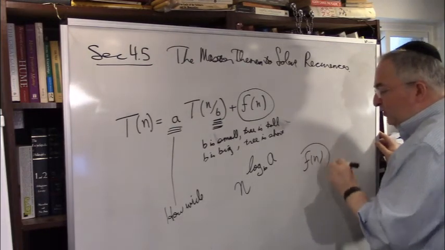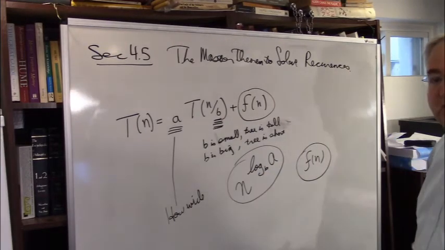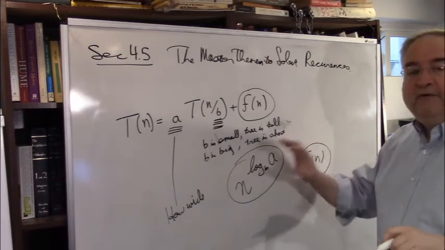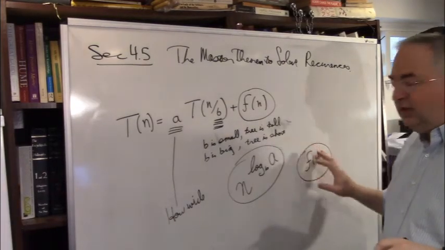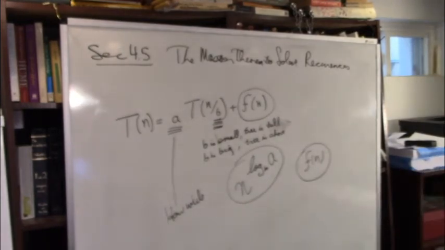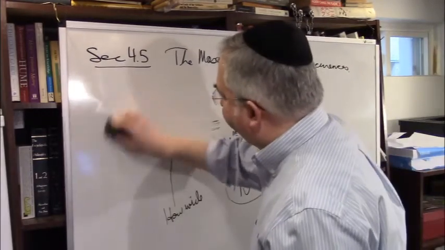Now you're going to have two functions, this and this. You compare these functions, and the Master Theorem tells you what the closed form is by just looking at these two things. So it's very, very pretty. Very easy. Let's write out the Master Theorem.